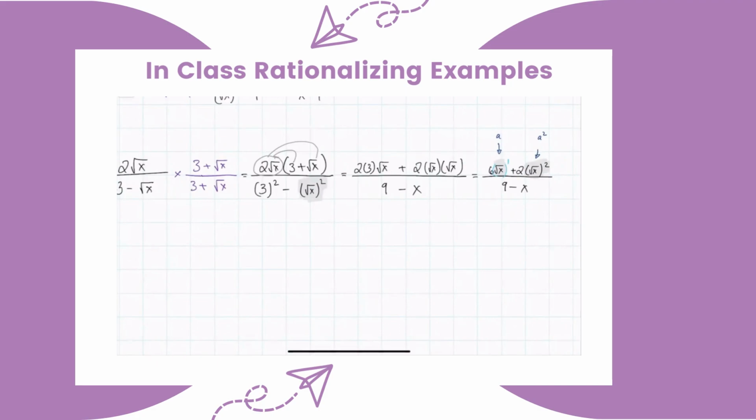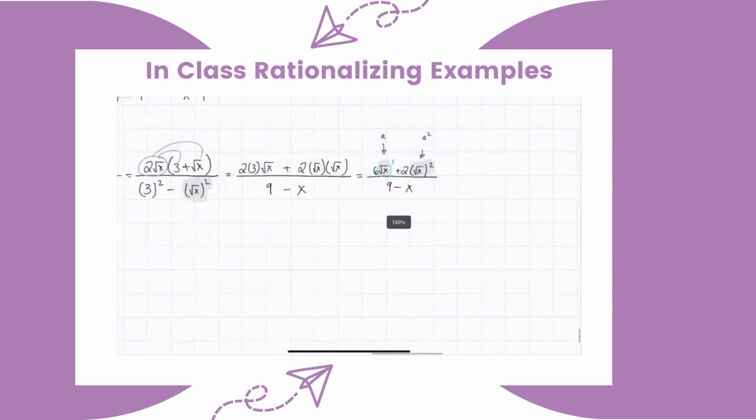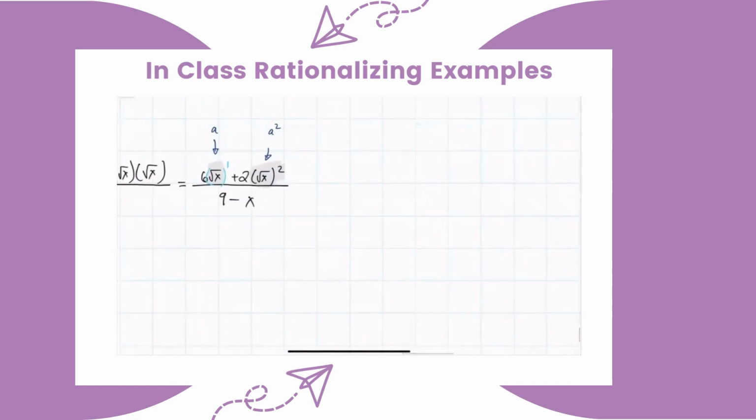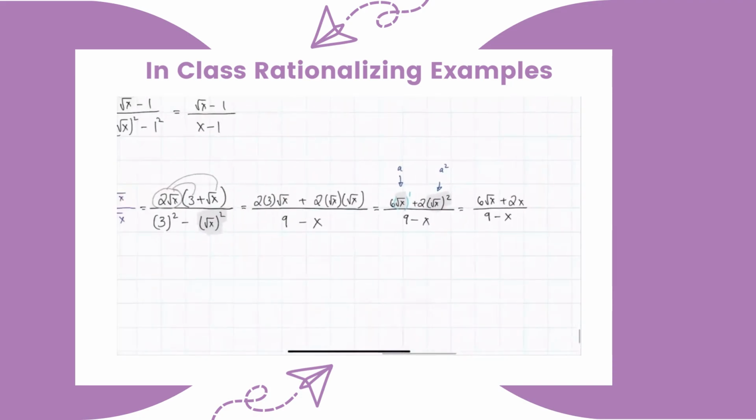Yeah, because you're multiplying it by each other. So now this will become 6 root x plus 2x over 9 minus x. And that would be your final answer.